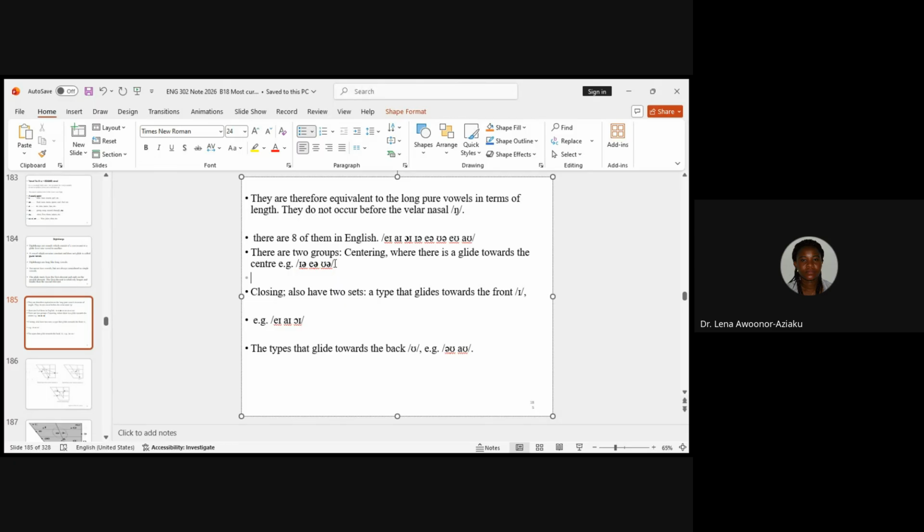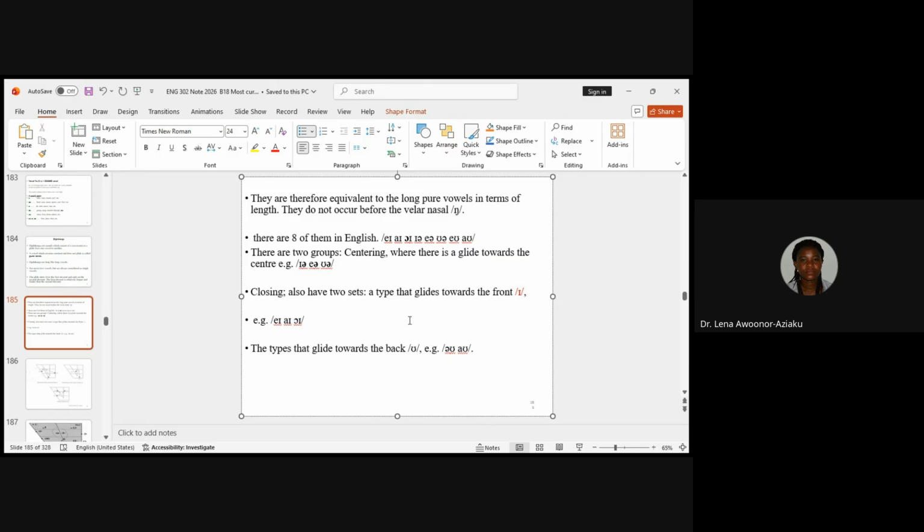And then another one glides towards the back high position. So we have two. One type glides towards the kit vowel. I am emphasizing this because when students are writing, they go to the internet and reproduce what is on the internet. English diphthongs do not glide to the wrong symbol; the glide ends at the kit vowel.